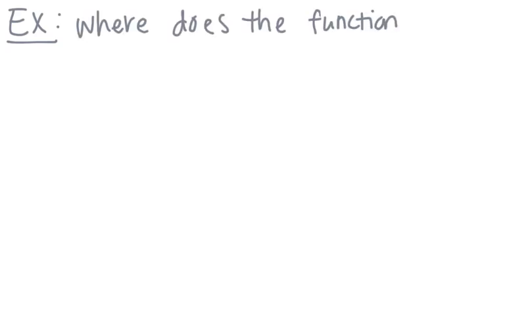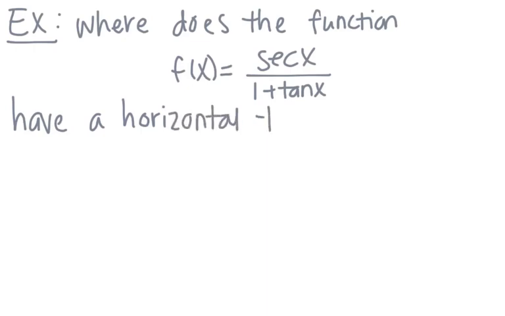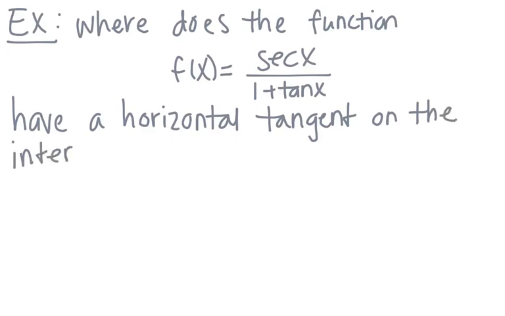So, where does the function f of x equals secant x over 1 plus tangent x have a horizontal tangent on the interval 0 to 2 pi? Oh yes, we're talking about trig equations here, people.